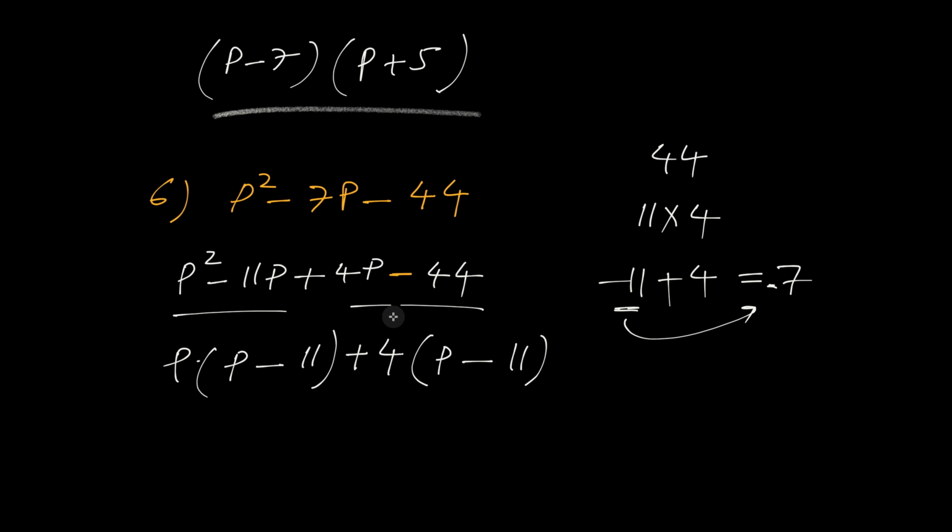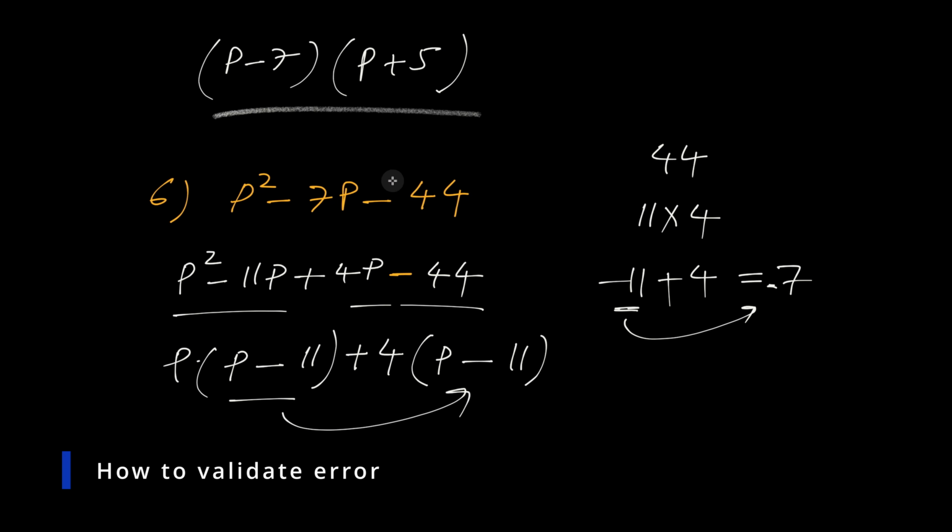How I was able to detect we have written the wrong question is because if we compare this one, I was not getting the same p minus 11 here because it was having the plus sign. So p minus 11, p plus 11 is no more going to work. That's the reason I was thinking, okay, what was wrong in the question? Then I had by mistake written plus here.